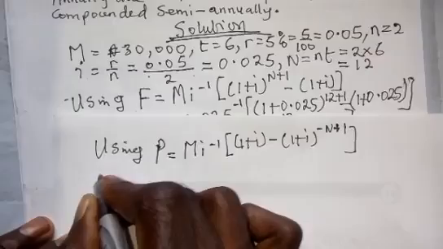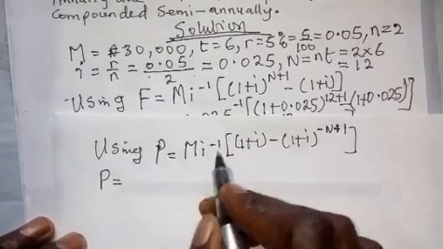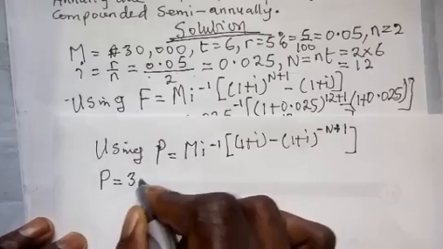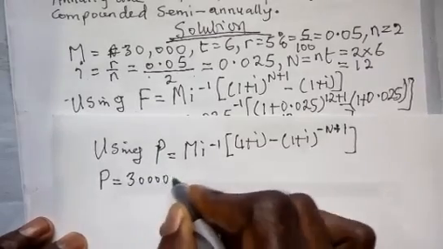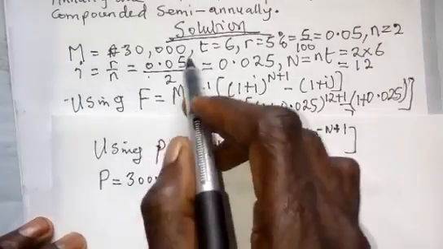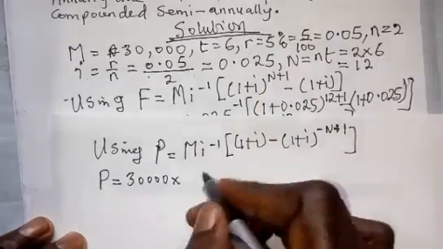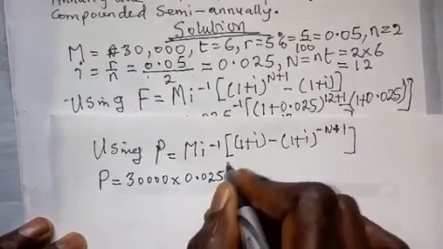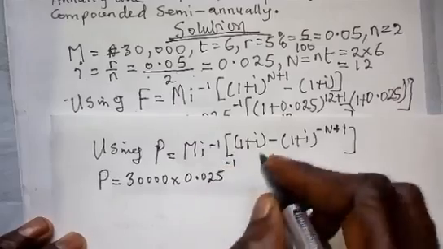So our P would become M, based on what we've gotten, which is 30,000. We'll write out 30,000, then times our i, which you've seen as 0.025. Then power minus 1, that's what we have here.